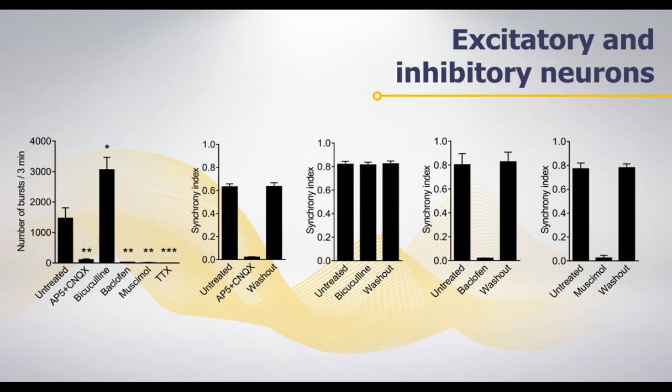Or if we treat with baclofen, muscimol, or TTX, these are drugs that will block glutamatergic synapses, and you abolish the activity coming from these organoids. So this is all very exciting. We can see a high level of activity. We can see inhibition, excitation in the same organoid.